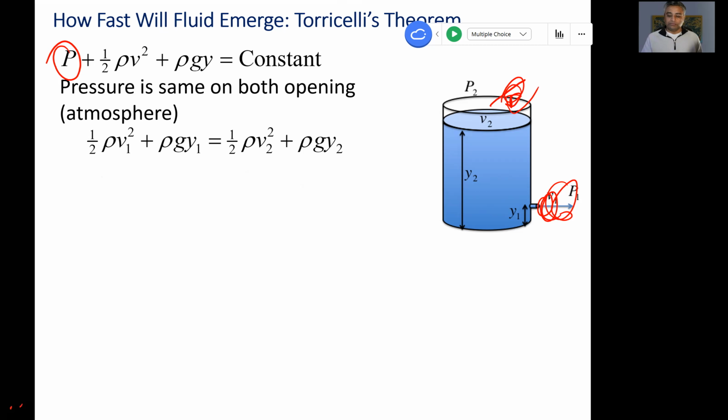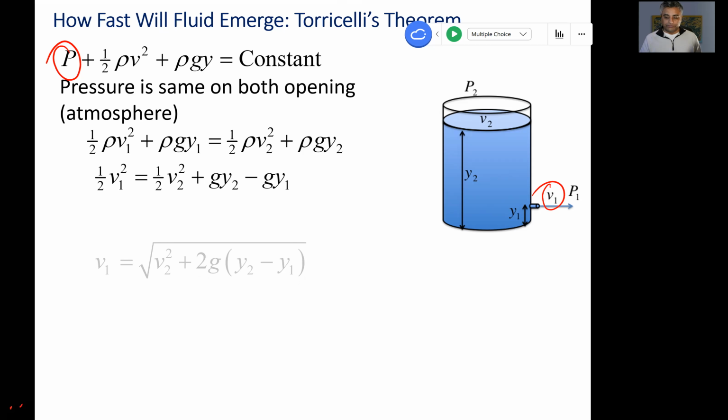Now we can solve this equation. It's fluid flowing, and it's the same fluid, right? If it is a water tank, it's water here, water there. So now we can solve for the speed, for example V1, with what speed it is going to come out.